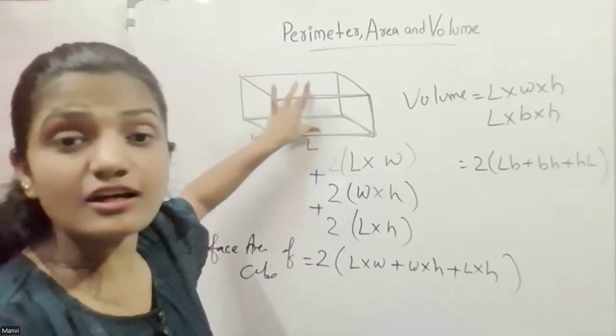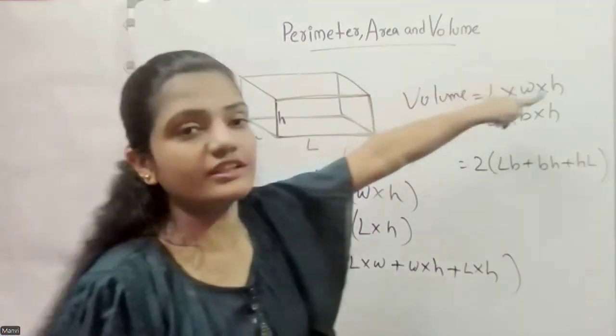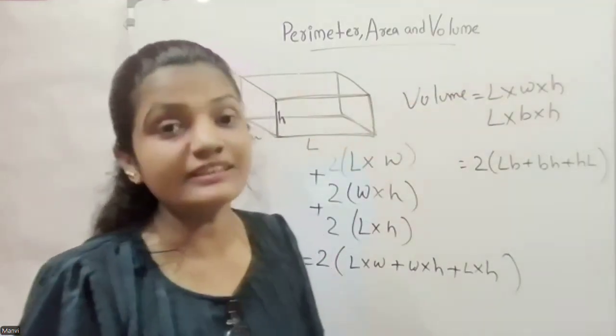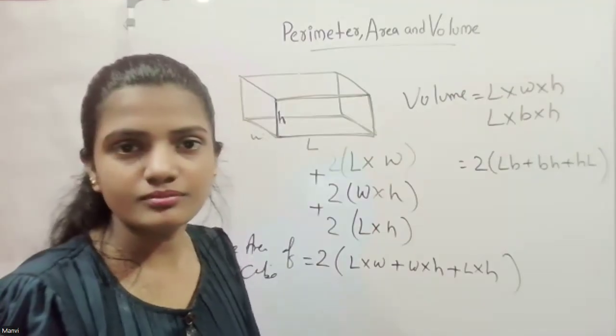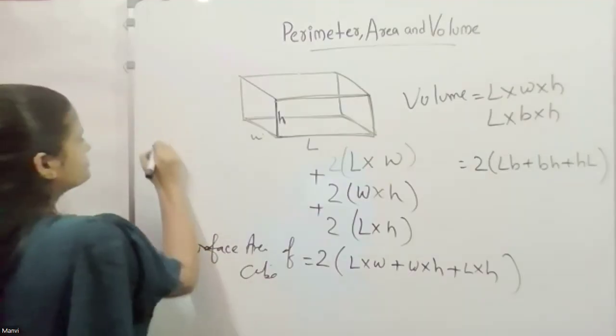Okay, now what is the volume of a cube, Kavya? Because in a cuboid, length, width, and height are all different. But in a cube, all are the same, right? So the volume of a cube equals what?